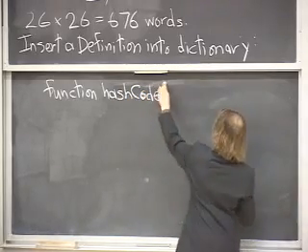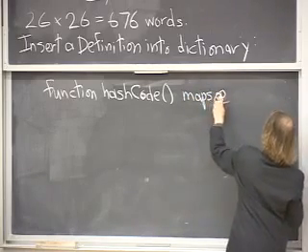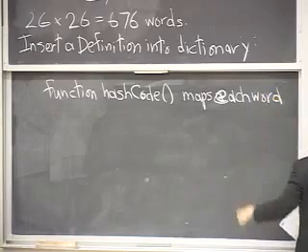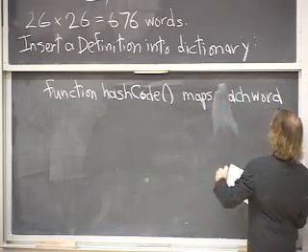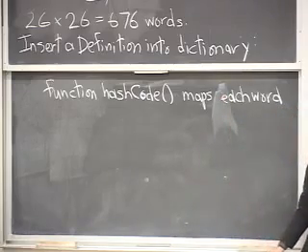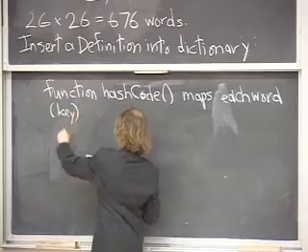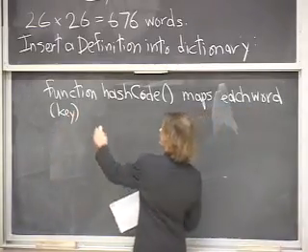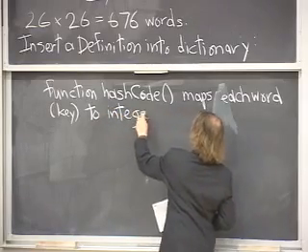And what hash code does is that it maps each possible two-letter word, or more generally, maps each possible key to a unique integer in the range 0 to 675.